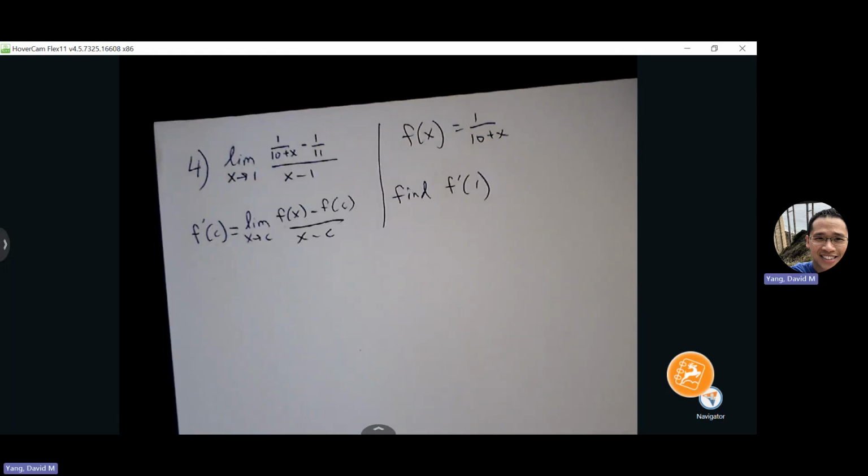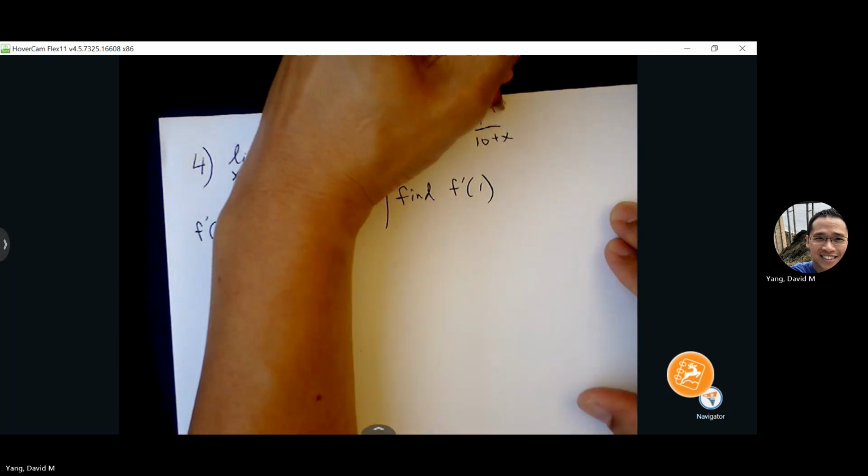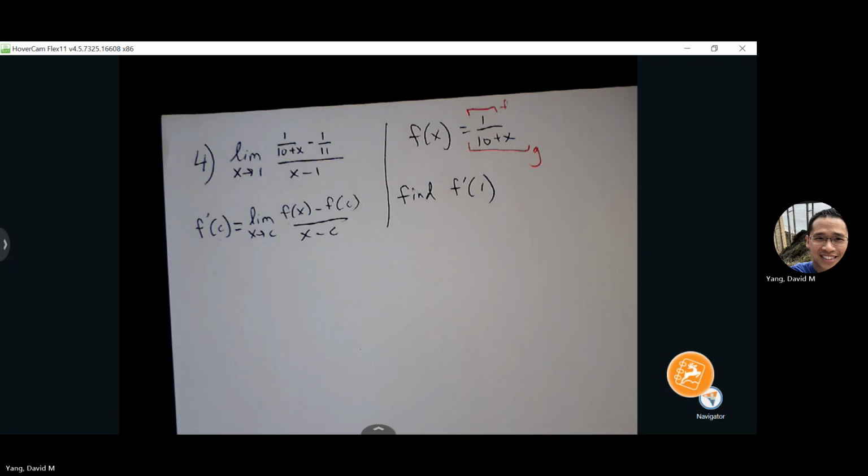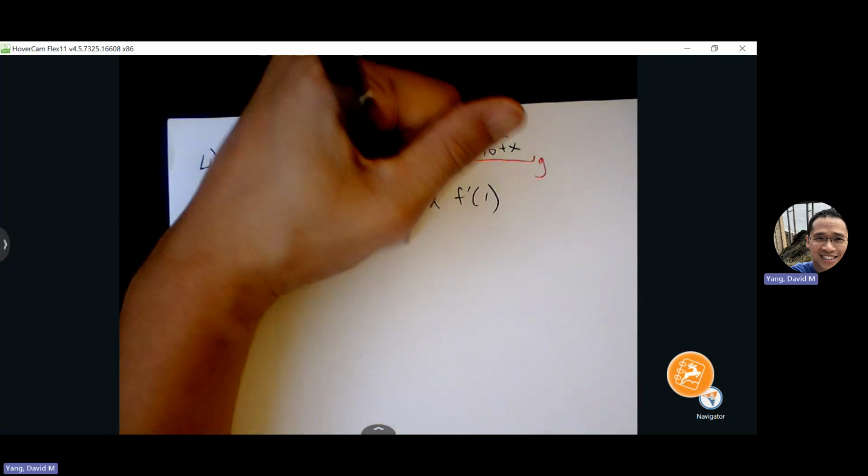So if we think of this as quotient rule, f prime g minus f g prime. Let's find f prime first.